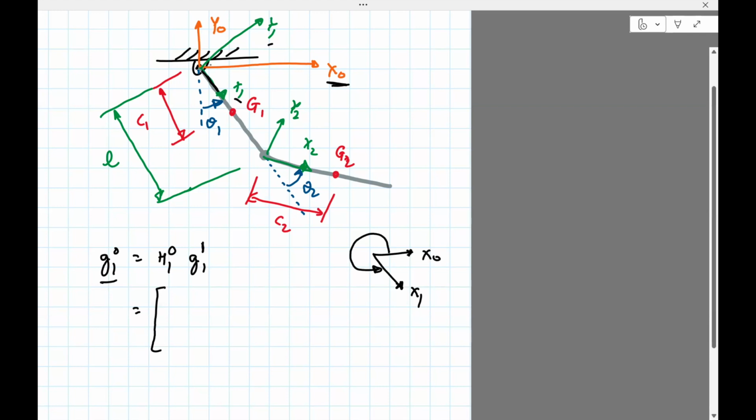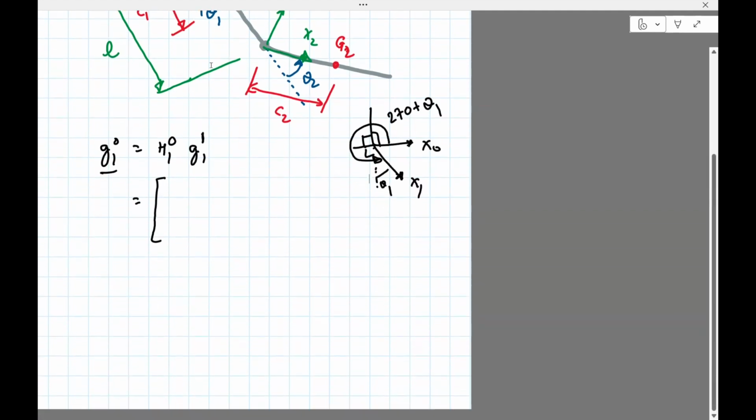So the angle made in the counterclockwise direction, note that this is theta 1, is going to be, well, this is 90, this is 90, this is 90. So it's going to be 270 plus theta 1. So you could use 270 plus theta 1, or if you want to go clockwise, like you want to go this way, then you want to use minus of 90 minus theta 1. They'll give you the same answer. So when I write this cosine here, I need the angle between x0 and x1. So I need to put cosine of 270 plus theta 1, minus sine of 270 plus theta 1.